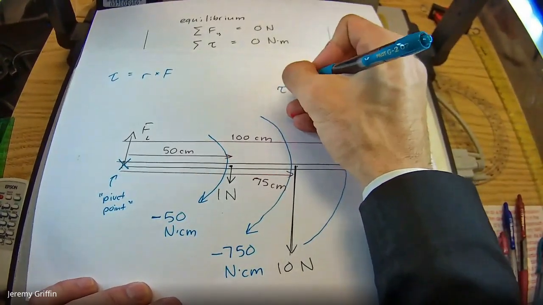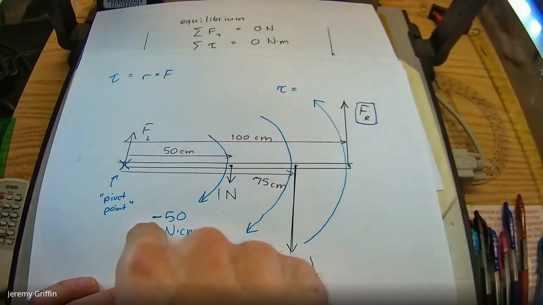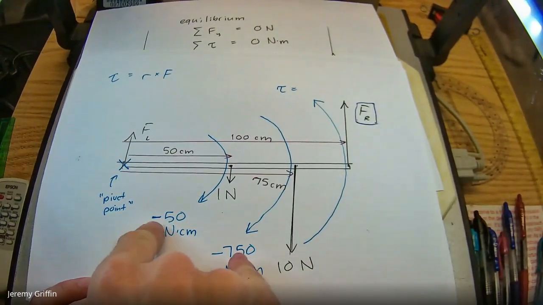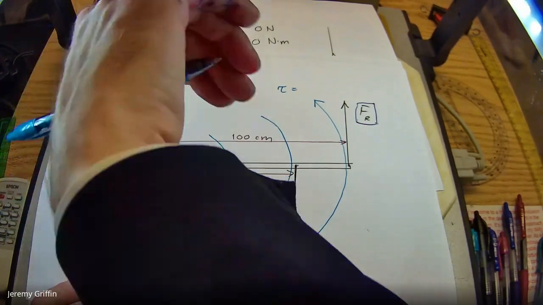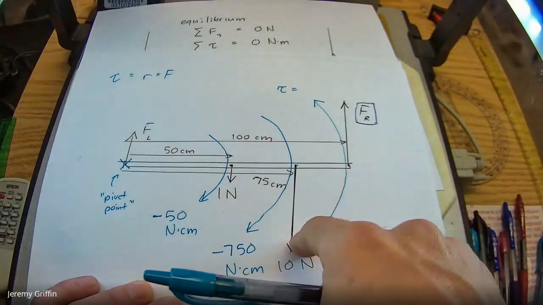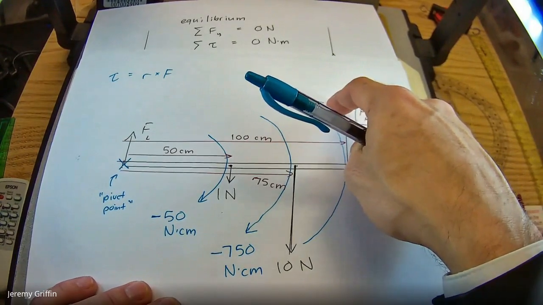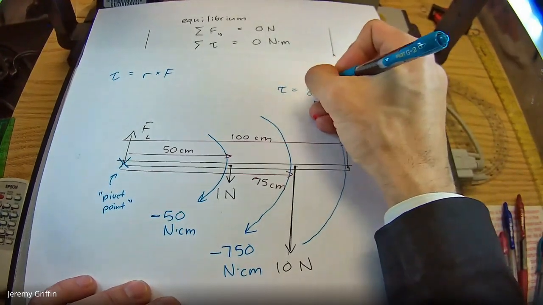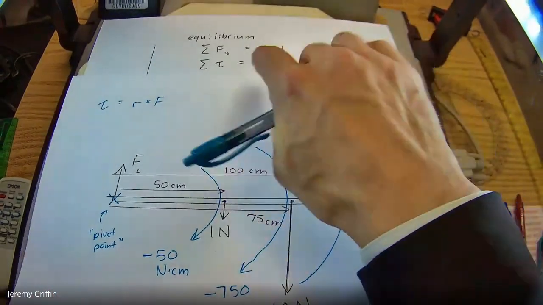What does it have to be? What's negative 50 plus negative 750? Negative 800. So I've got 800 units of torque saying let's go clockwise. This guy holding it in check better be 800 Newton centimeters of torque holding counterclockwise. This number has to be 800 Newton centimeters because of this condition.